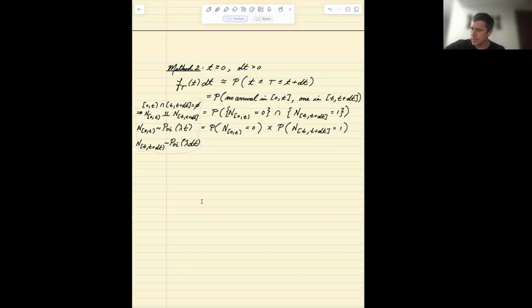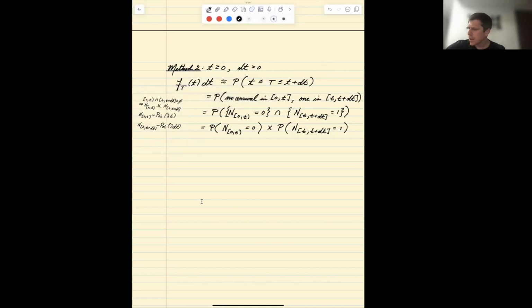So the probability of no arrivals in the first t units of time, we've already calculated that before. That's e to the minus lambda t. And the probability of exactly one arrival from a Poisson lambda dt, well, that's lambda dt to the power 1, e to the minus lambda dt over 1 factorial.